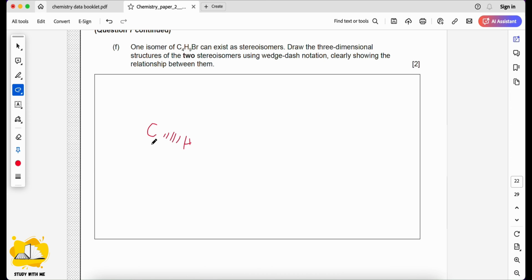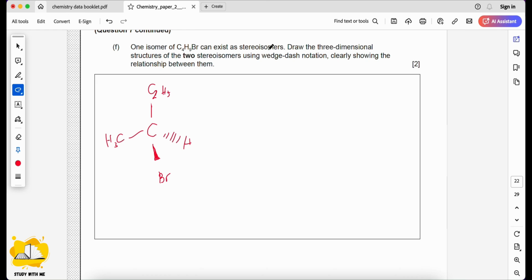This will be H, this will be Br, this CH3, and this C2H5.